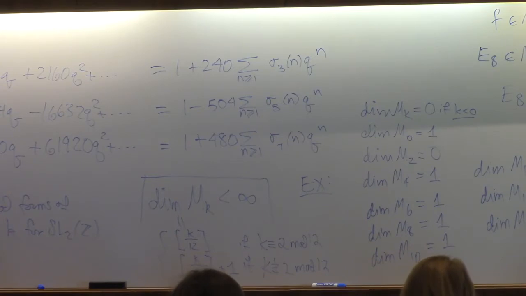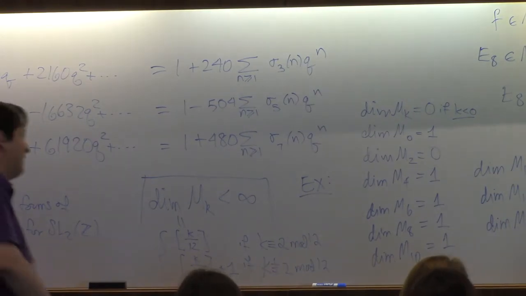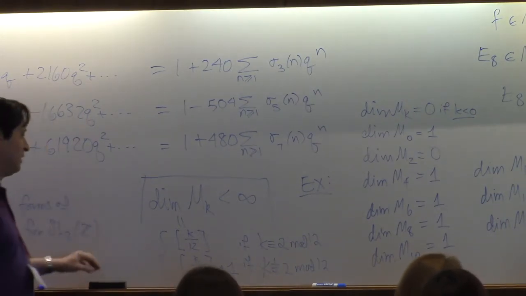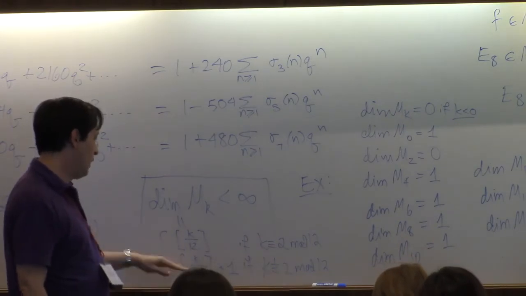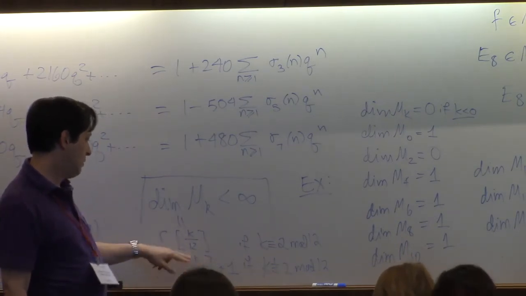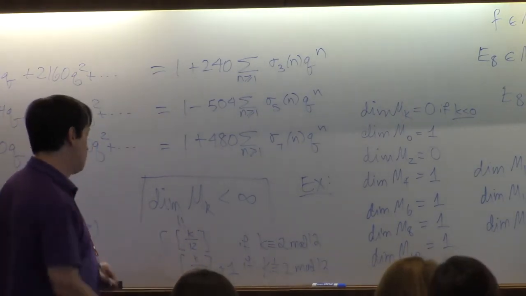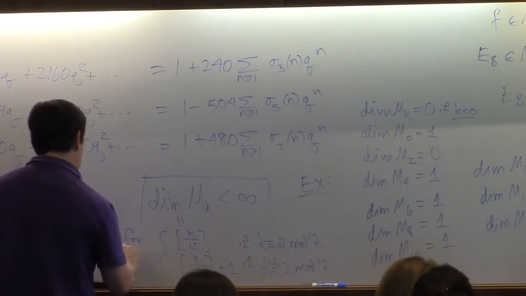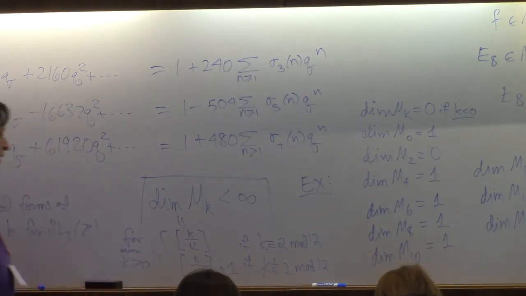Wait, but 14 is 2 mod 12, so you wanted the top one. Oh! Okay, everything is right. Thank you. And when k is 12, then we start getting the 2. So this is for even k greater than 0. Okay, so we get a 4. So essentially it's k over 12. Something funny happens when k is 2 mod 12, you have to pay attention to that, otherwise it's k over 12.